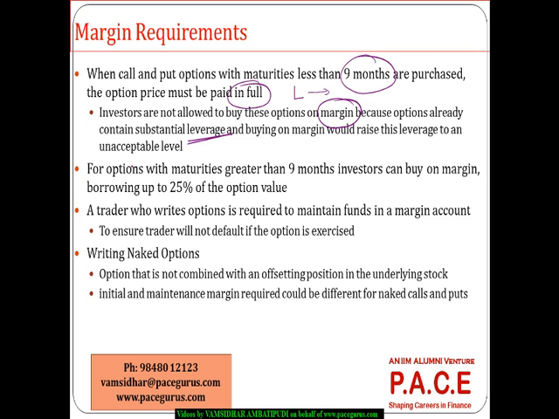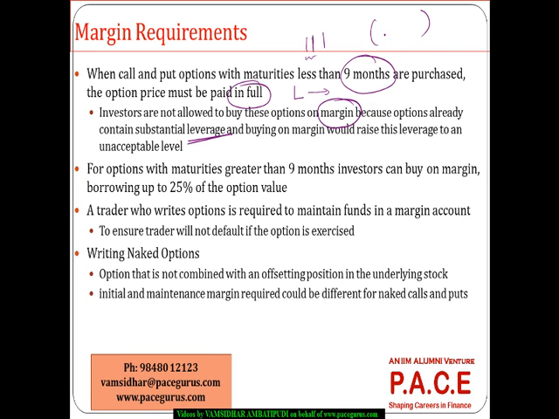Already there is a lot of leverage, because by having a small amount invested, there is a possibility of making a big gain. Now, if margin is allowed, even with a very small amount there is a possibility to trade or gamble on a big number.